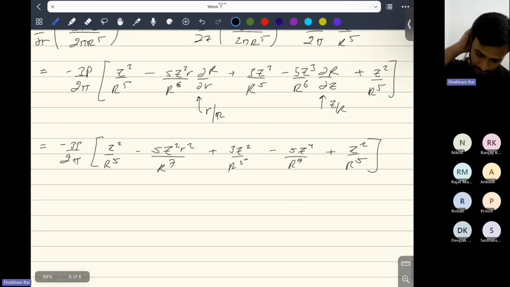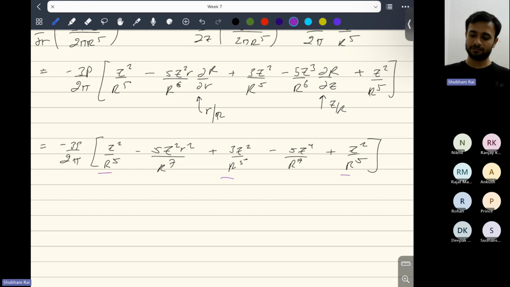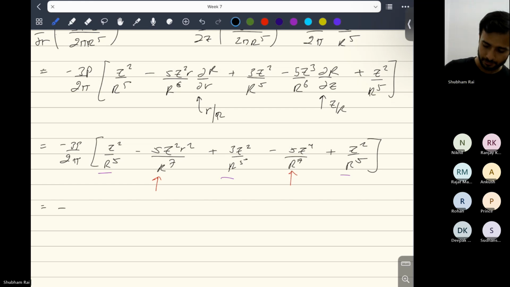And if you simplify these terms, here you have z square over R to the power 5, so this will be 5z square by R to the power 5. And then from this term, you can take minus 5z square over R7 common. So if you do that, 3p over 2 pi, and then here you have 5 z square over R to the power 5, right?